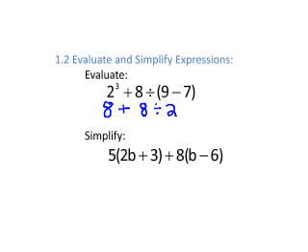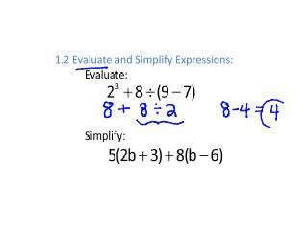Next, I look left to right and do multiplication and division. So I hop over this plus 8. I don't do that yet. I have to do this first. 8 divided by 2 is 4. Then 8 minus 4 is 4. So to evaluate an expression is to come up with a number that's equivalent to it.